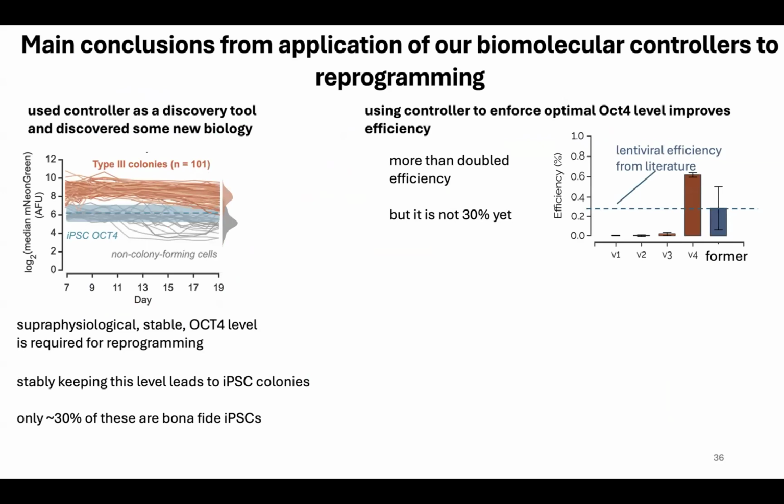But on the other hand, we found that using the controller to enforce optimal OCT4 level improves efficiency, but it's still not what would be expected from theory, okay? From theory, if we were able to enforce this level, then we would obtain 30% efficiency based on our trajectory tracking here, but that's not the case.